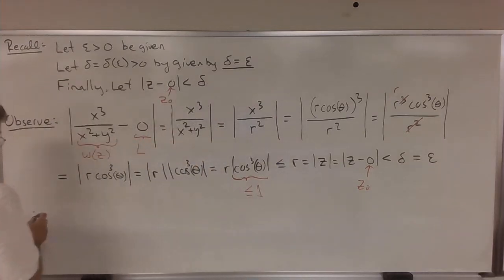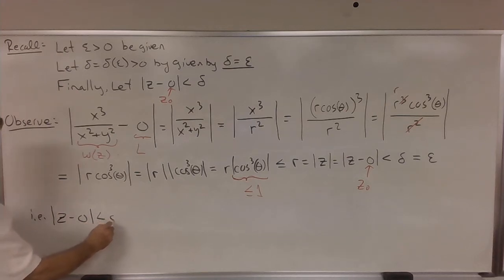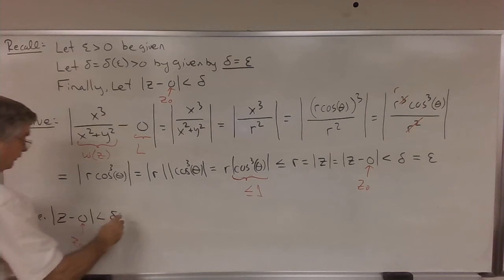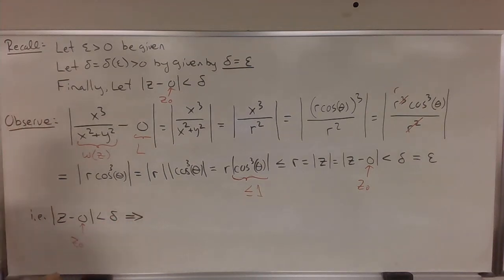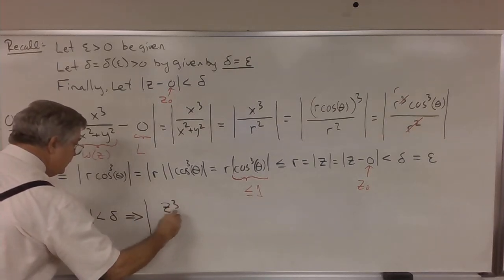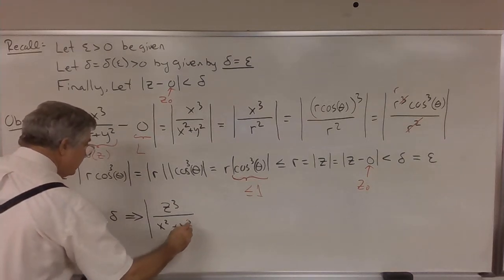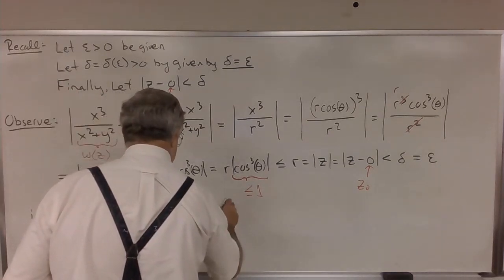And I'm going to restate that just so that we know what we've just done. Z minus 0 less than delta, where delta is our z sub naught, implies this thing minus 0, z cubed over x squared plus y squared minus 0.